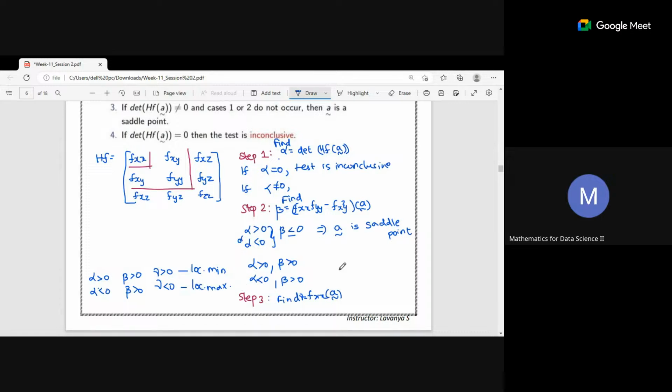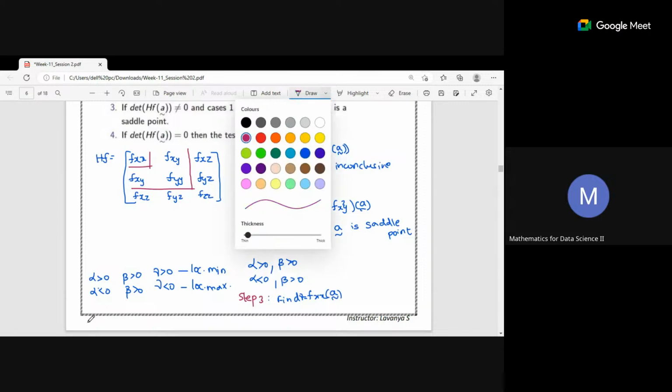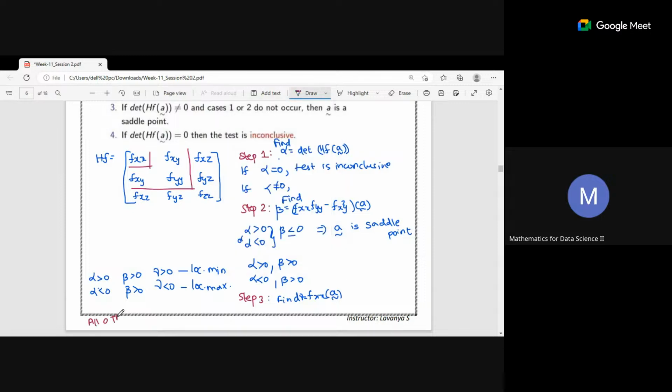So all other cases in step 3 lead to a saddle point. What does this mean? Suppose your alpha is positive but gamma is negative. Then what happens? Saddle point.